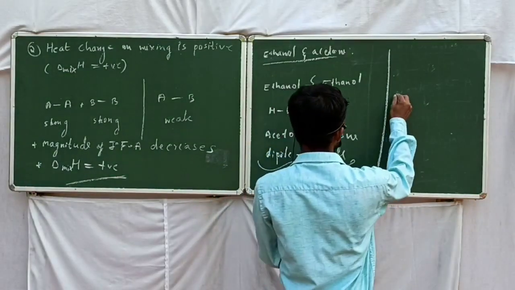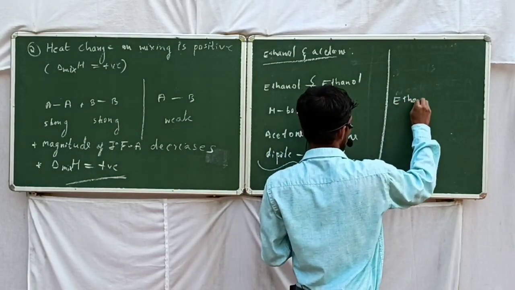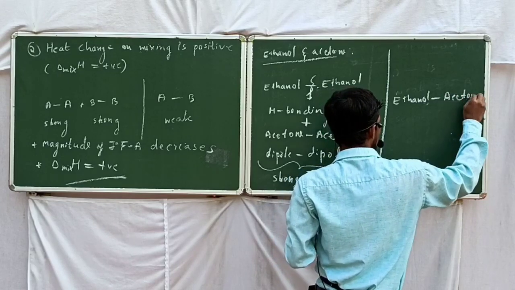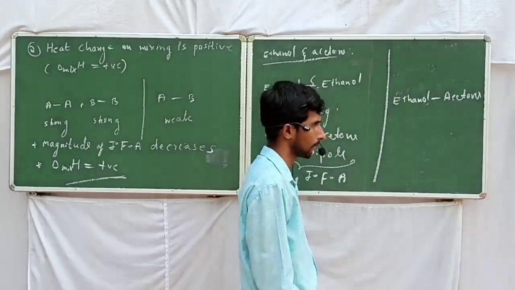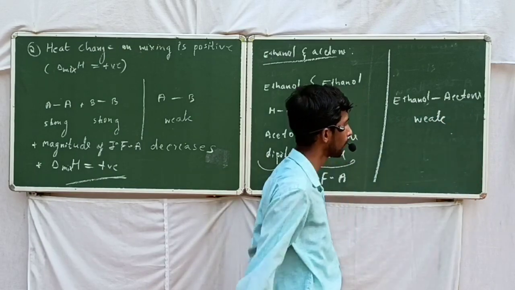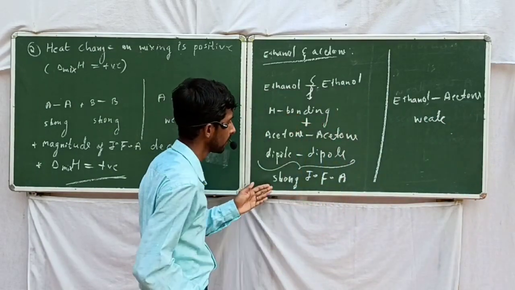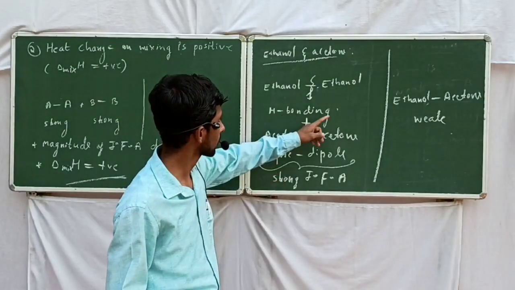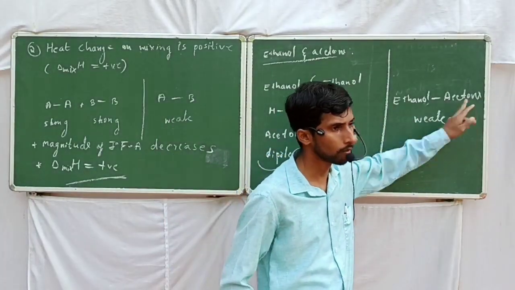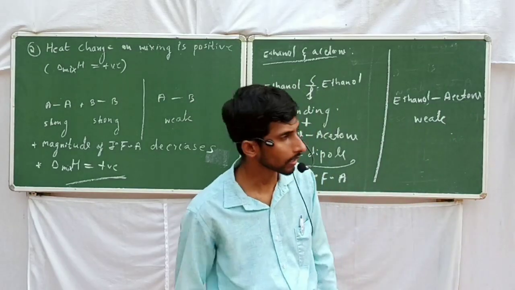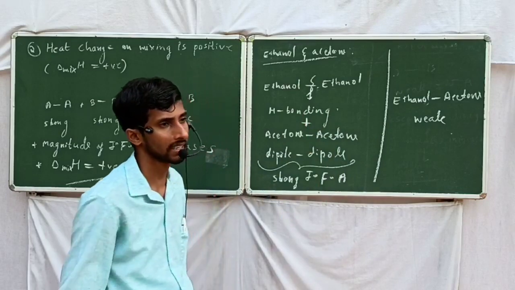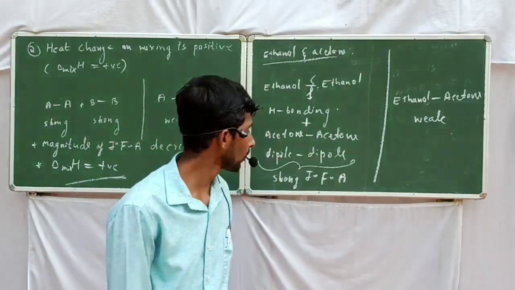So then between ethanol and acetone, a new force of attraction is established. This one is weak compared to the hydrogen bonding, because ethanol and acetone can also form hydrogen bonding, but this hydrogen bonding is somewhat weaker than the hydrogen bonding in pure ethanol.